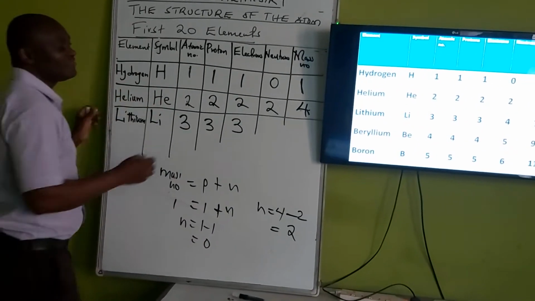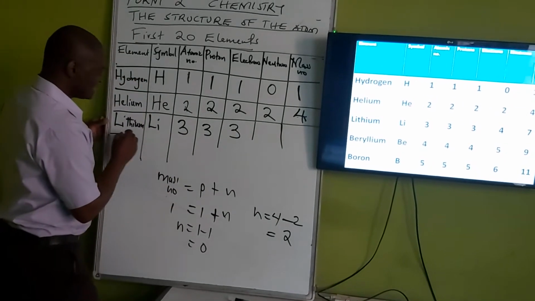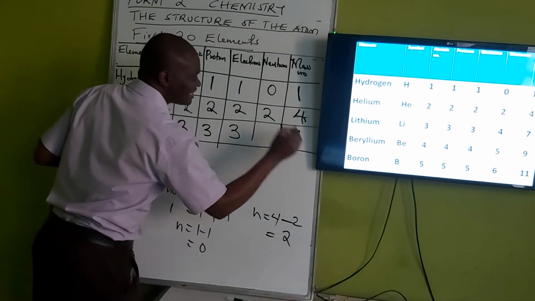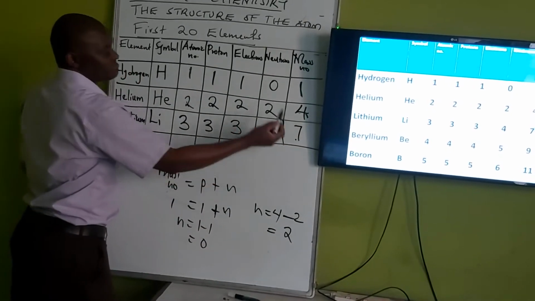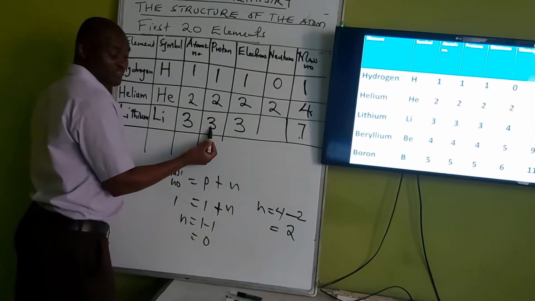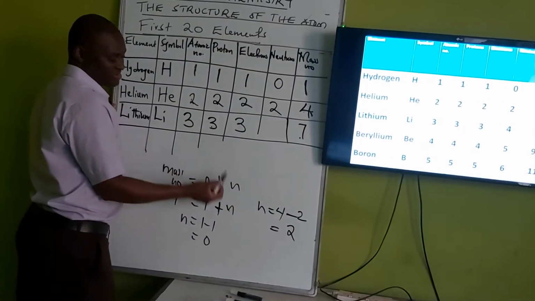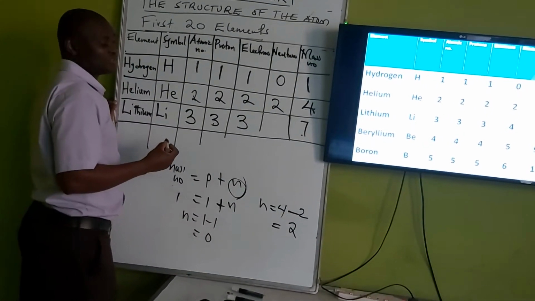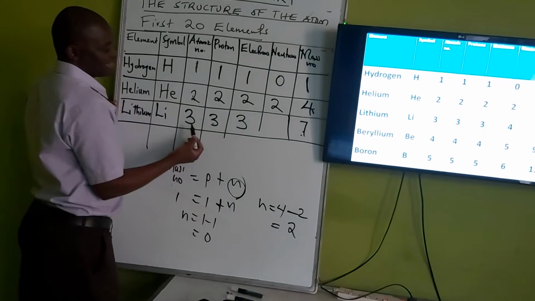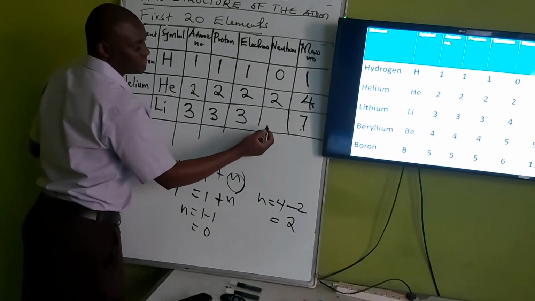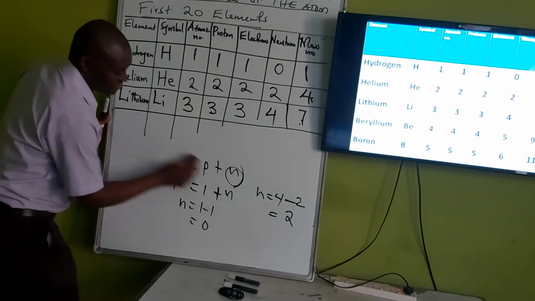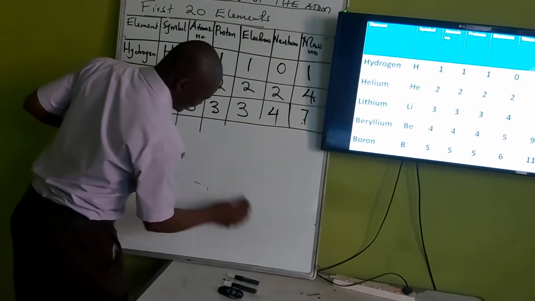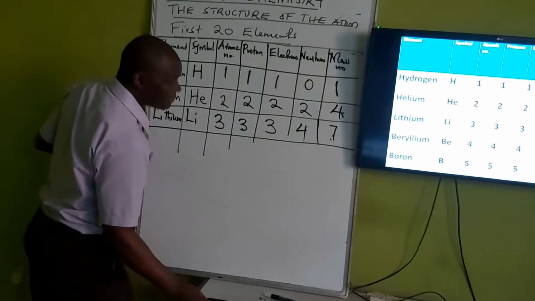But the mass number of lithium is 7. So mass number minus number of protons will give you the number of neutrons. 7 minus 3 will give you 4.